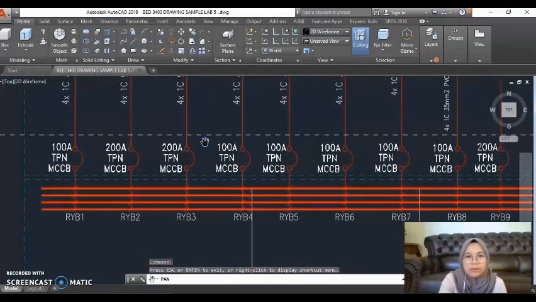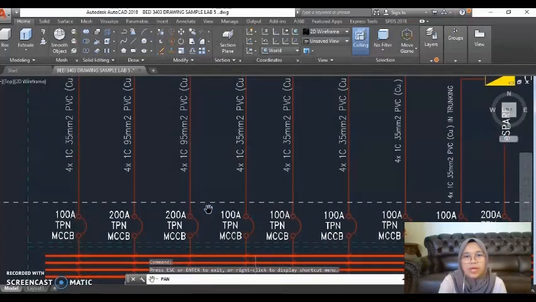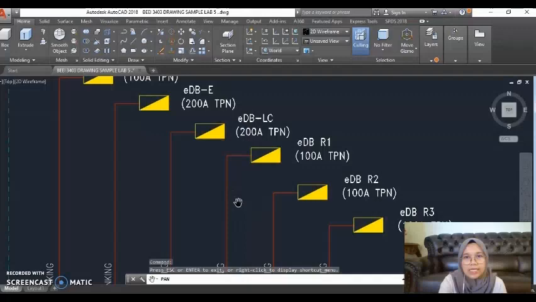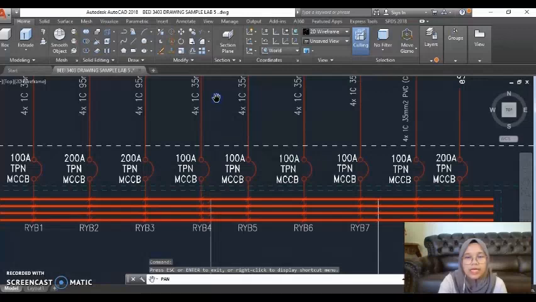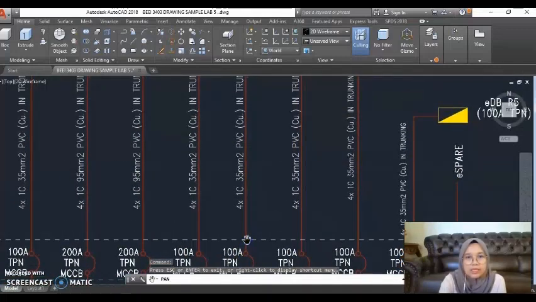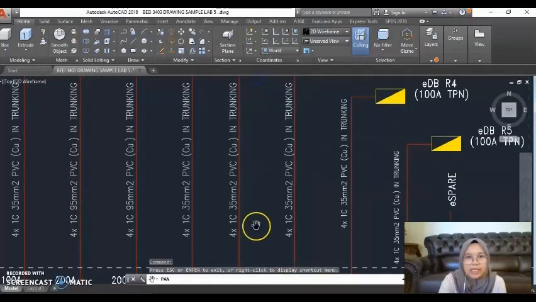And for RYB4, the rating current for the MCCB is 100 ampere TPN with the cable size of 4 times 1C 35 mm square PVC, and the outgoing switchgear is EDBR1 100 ampere TPN. And the next one, RYB5. The rating current for the MCCB is 100 ampere TPN with the cable size of 4 times 1C 35 mm square PVC, and the outgoing switchgear is EDBR2 100 ampere TPN.